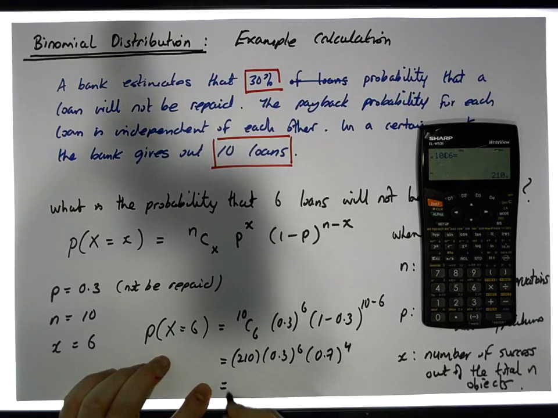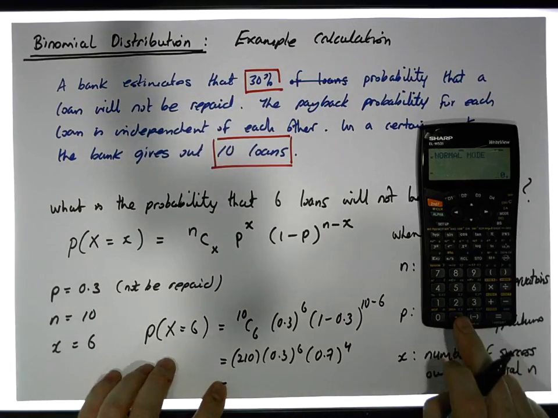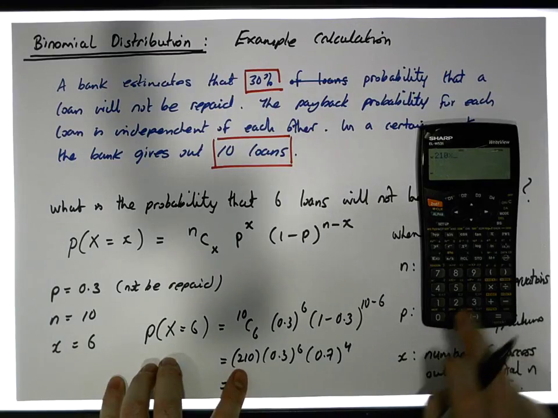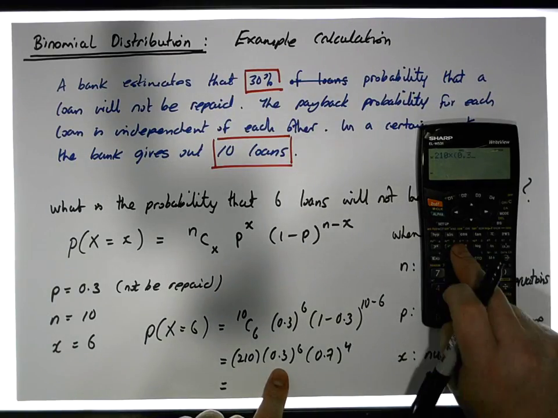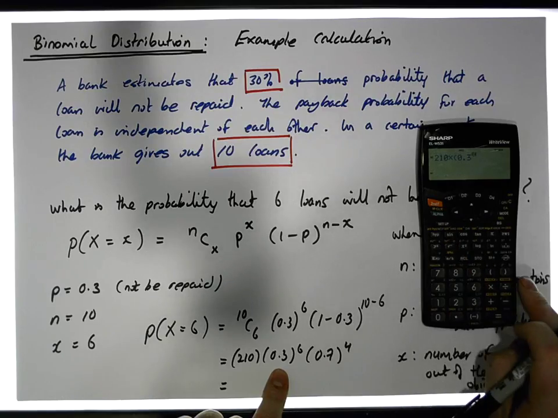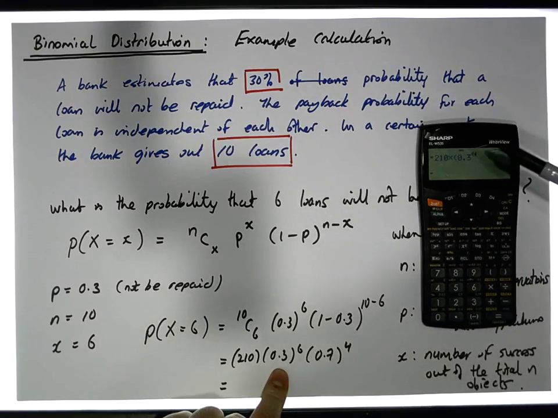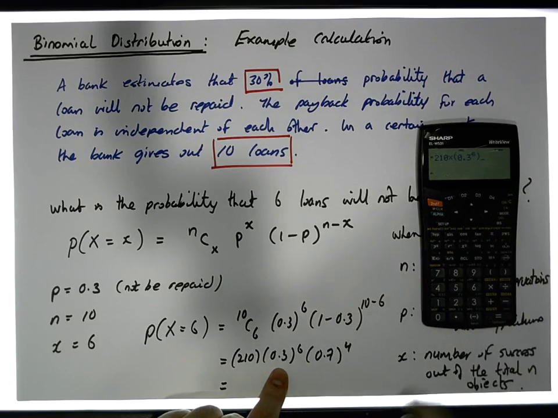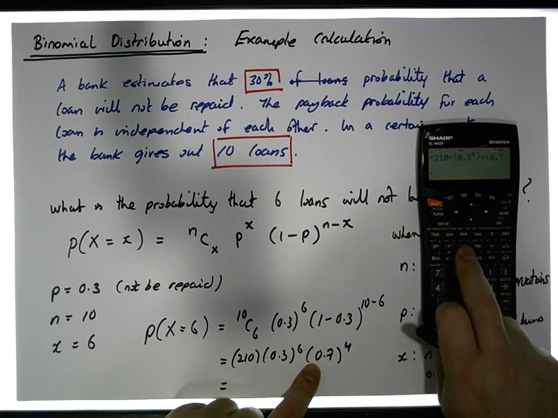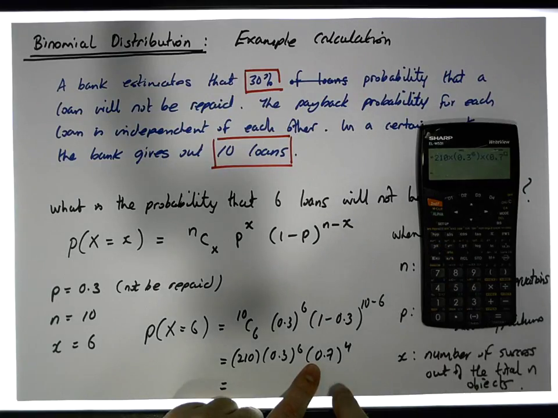And now I'll do all this on the calculator. So I have 210 multiplied by, in a bracket, 0.3 raised to the power of 6. My cursor is still flashing in exponent mode, so I'm just going to push it over 1 and close off that bracket. That's multiplied by this bracket, which is 0.7 raised to the power of 4.